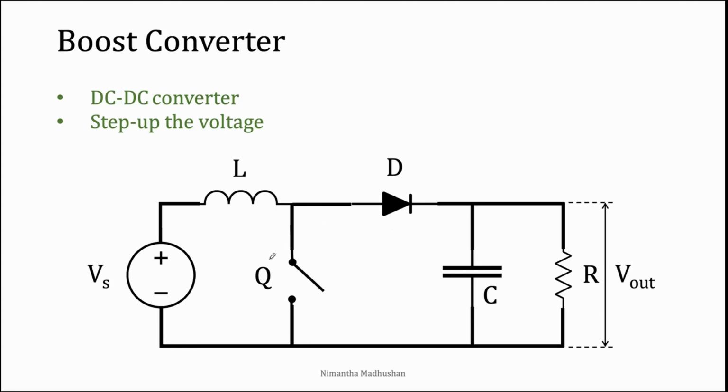Here also Q acts as an active switch. This Q is named the active switch. We use a power semiconductor device for that switch, a MOSFET or IGBT, as this active switch.